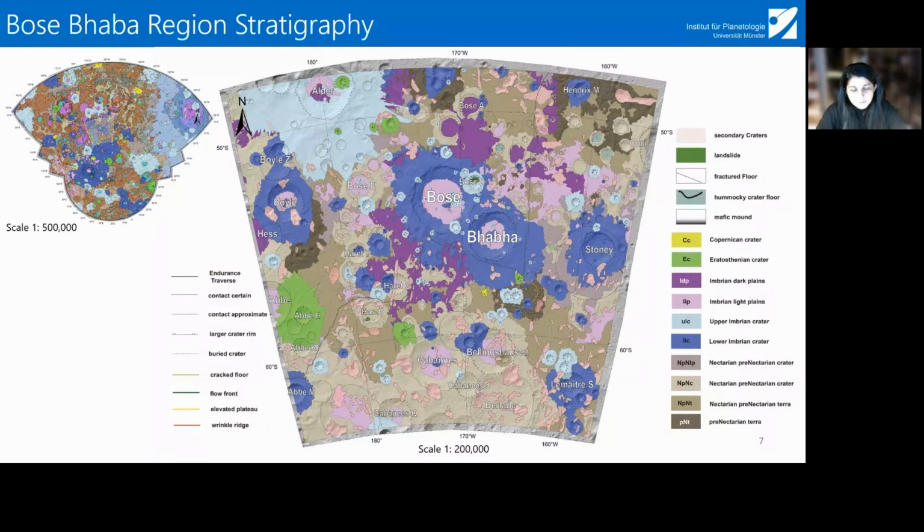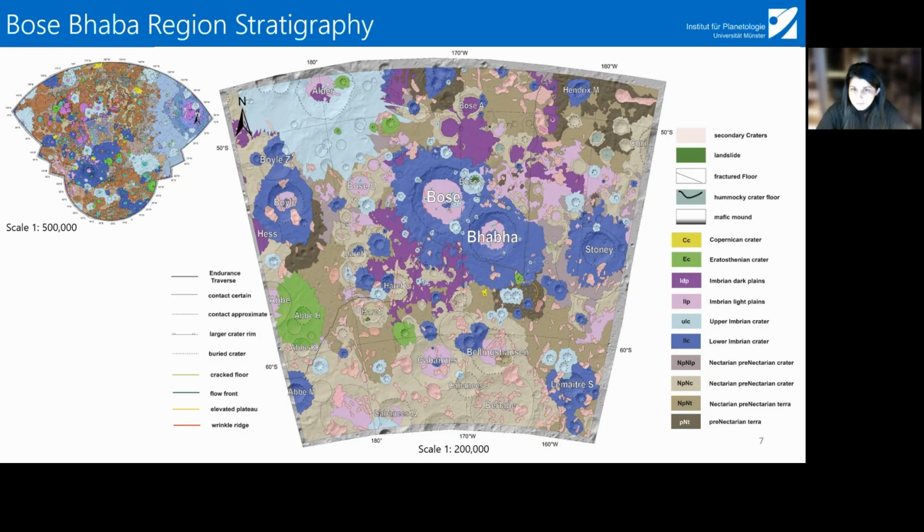There are also Nectarian, pre-Nectarian plains. We are considering whether this is material left over by the impact melt of SPA itself, because it's older than any mare, older than any other plain material, and it's not very hummocky like other pre-Nectarian terra. Then we have Bhabha-Bose craters and Stoney craters.